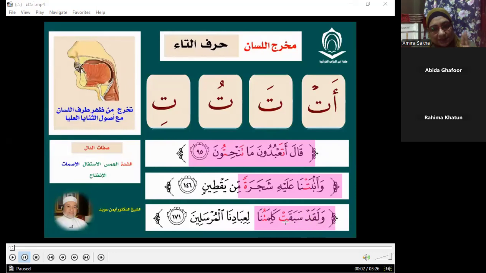The only difference is that the ta is a mahmuz, voiceless letter, and the dal is a majhur letter. Dal has qalqala after we open the articulation point, and ta has hams after we open the articulation point. Here I open the articulation point with qalqala.